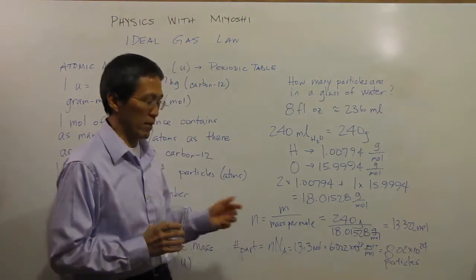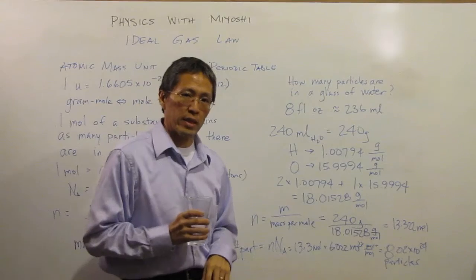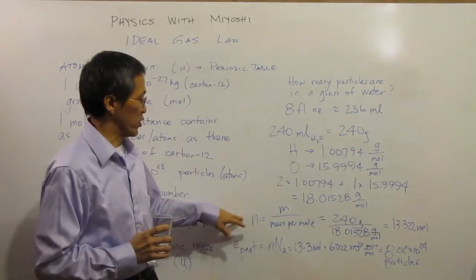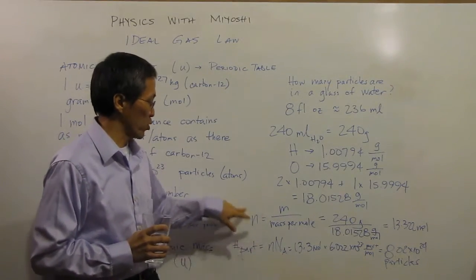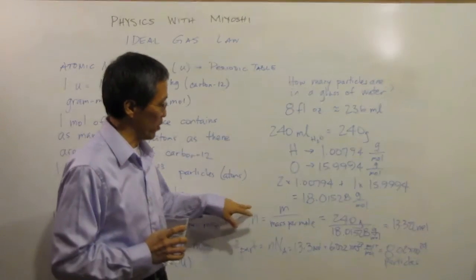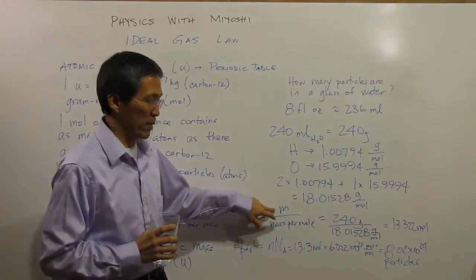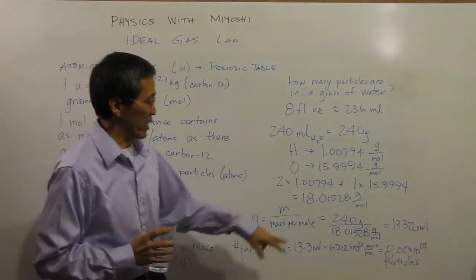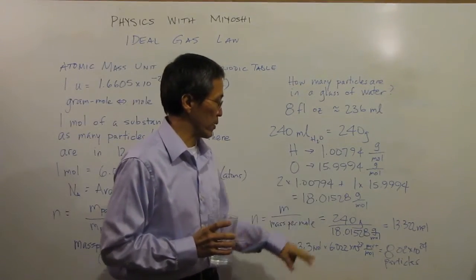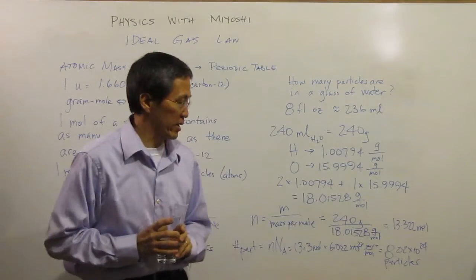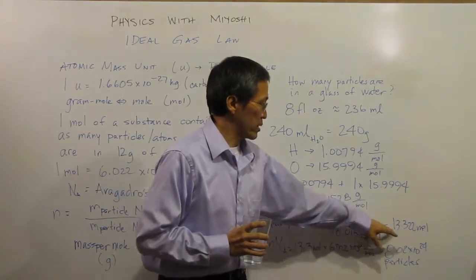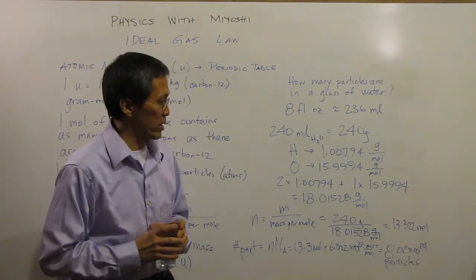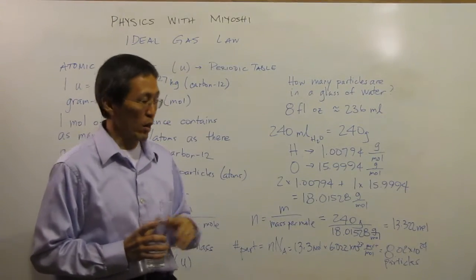Now if I want to find the number of molecules in my glass of water, first I need the number of moles. I take my mass and divide it by the mass per mole: the 240 grams we looked up before, divided by 18 grams per mole, gives me about 13.322 moles.